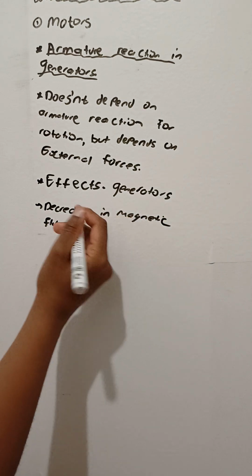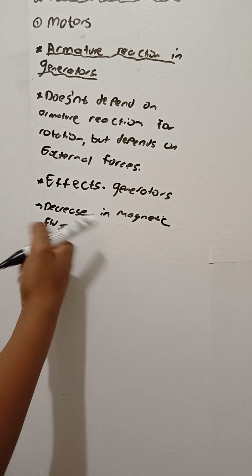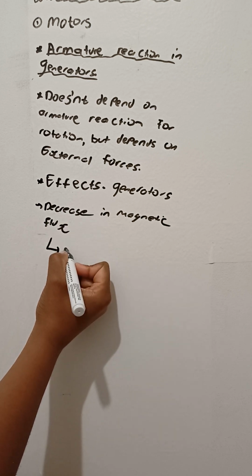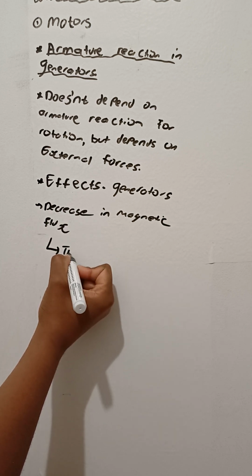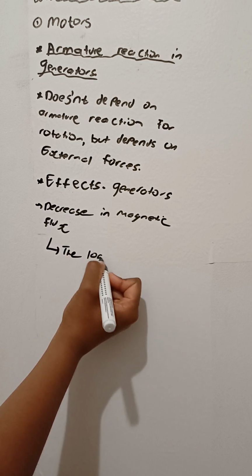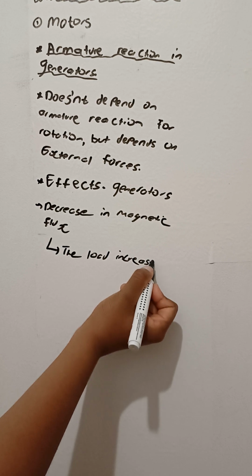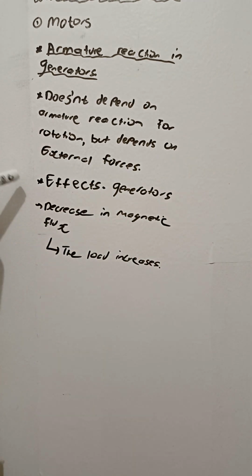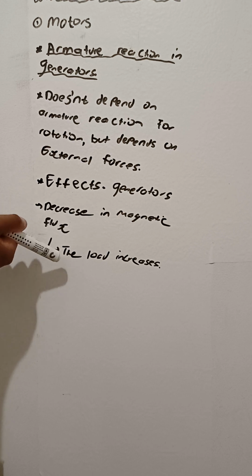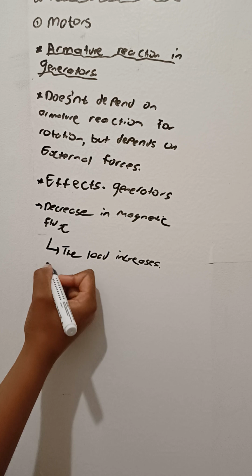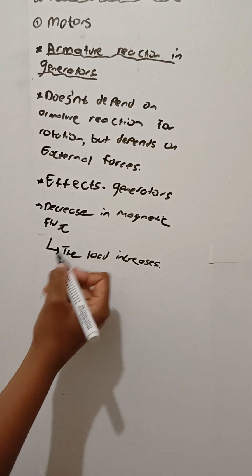And if there is a decrease in magnetic flux, that means the load increases. See, the effect of armature reaction in generators, it decreases the magnetic flux, and when we decrease the magnetic flux, we increase the load.